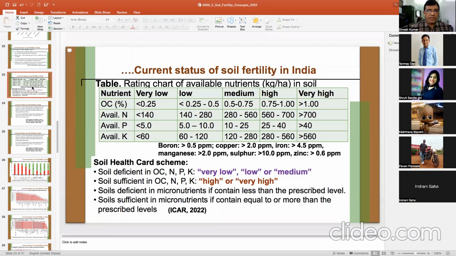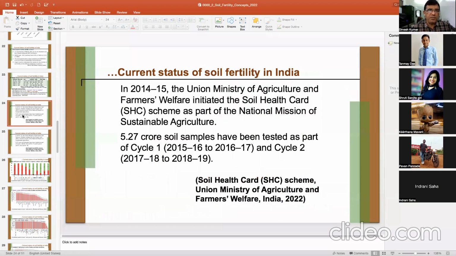And you would be surprised to see the current status of soil fertility in India. This scheme started in 2014-15 by the Ministry of Agriculture and Farmers Welfare, as part of the National Mission of Sustainable Agriculture, NMSA.